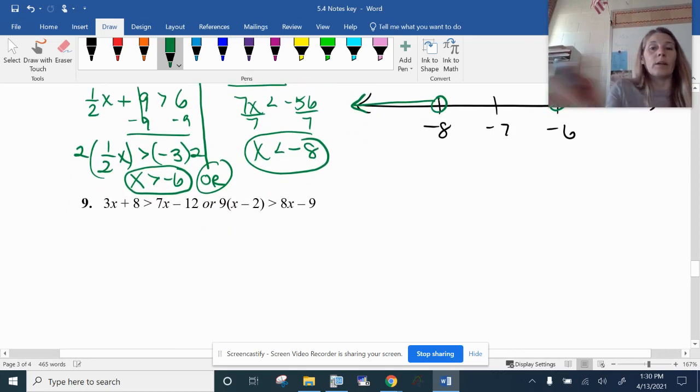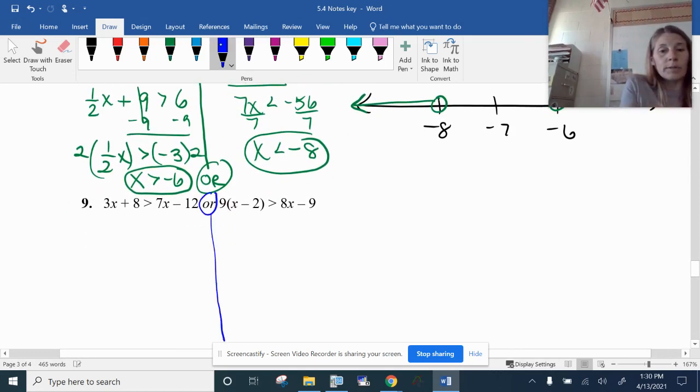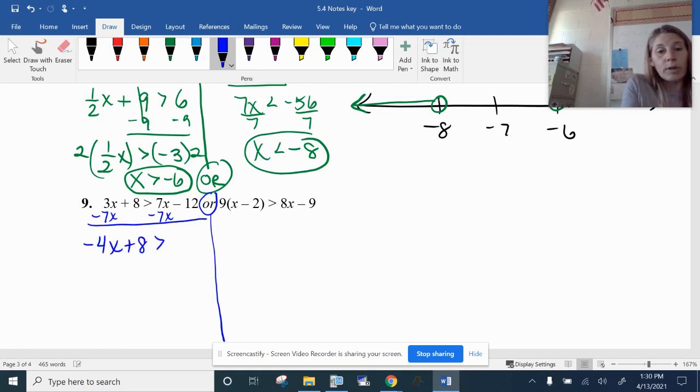And then finally, let's take a look at number 9. So again, another OR problem. So I'm separating these. All right, so I'm going to just bring my x over to the left here, but if you wanted to subtract the 3, that would work too. So negative 4x plus 8 is greater than negative 12. Subtracting my 8, negative 4x is greater than negative 20.